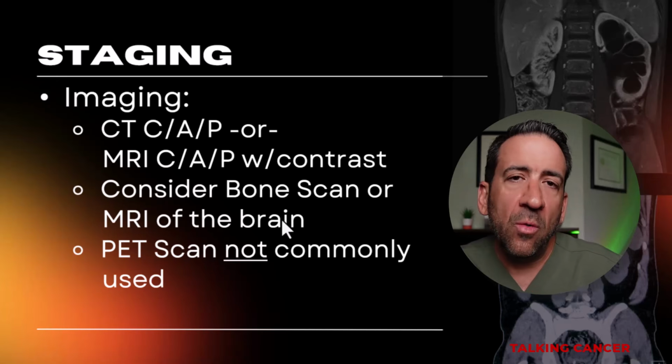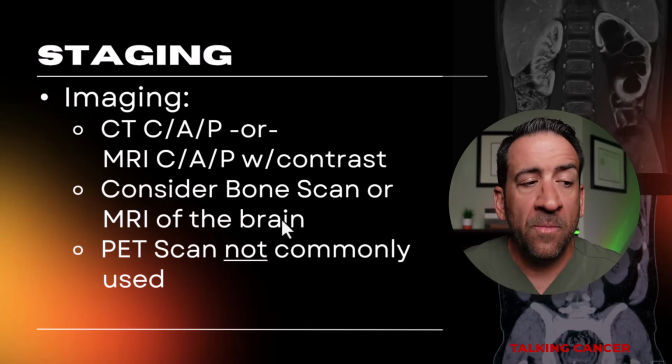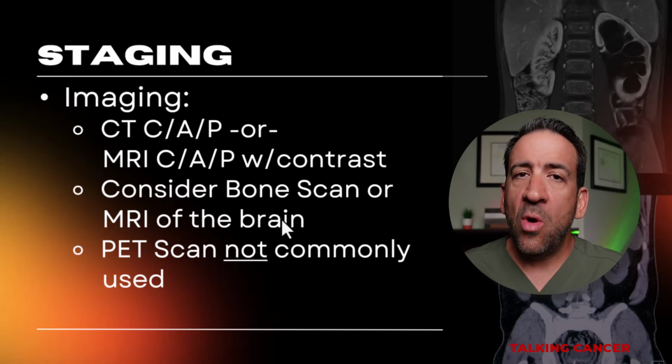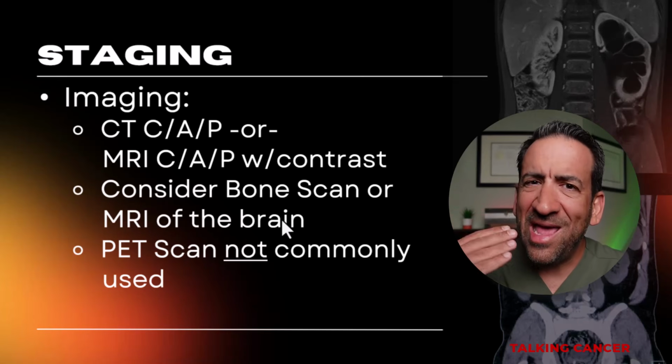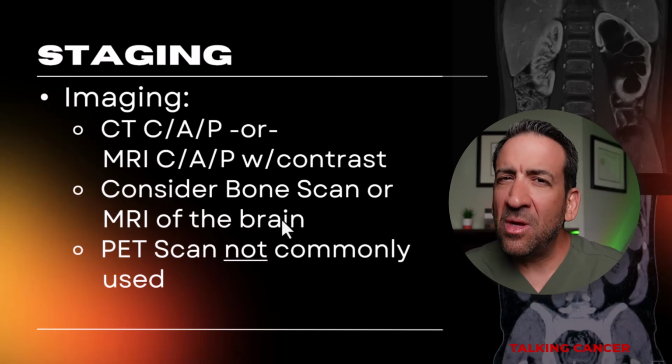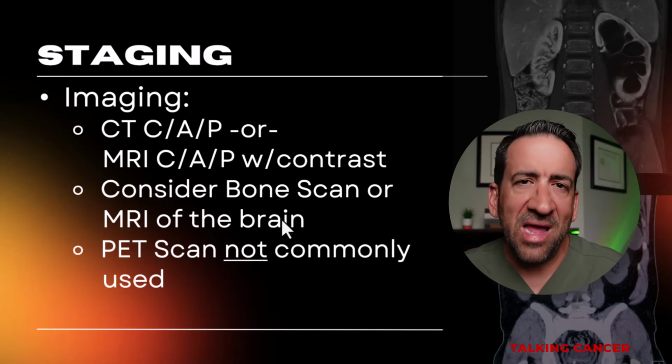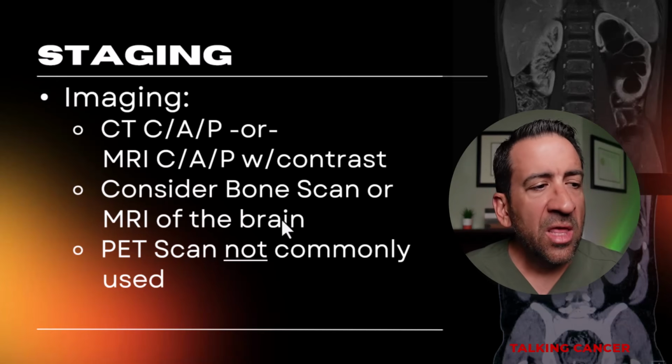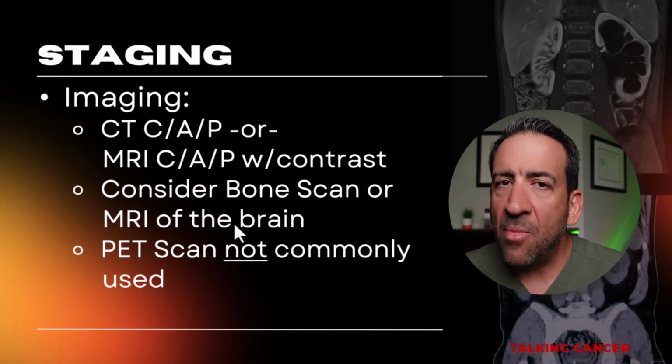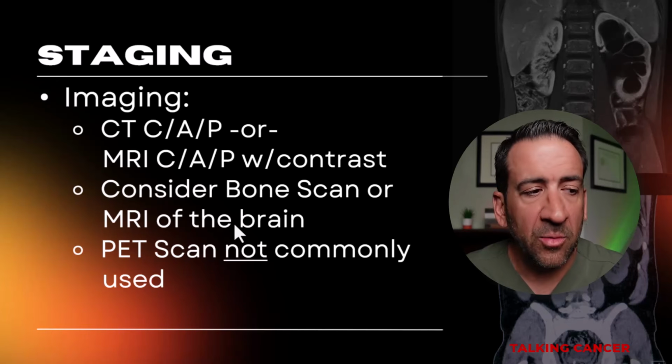So if you have a little more advanced kidney cancer, so it's a very large mass, for example, or let's say you have uncoordination or headaches, blurry vision, symptoms that may lead us to believe that you might have something in your brain, then we can consider an MRI scan of the brain. And again, with contrast if possible.